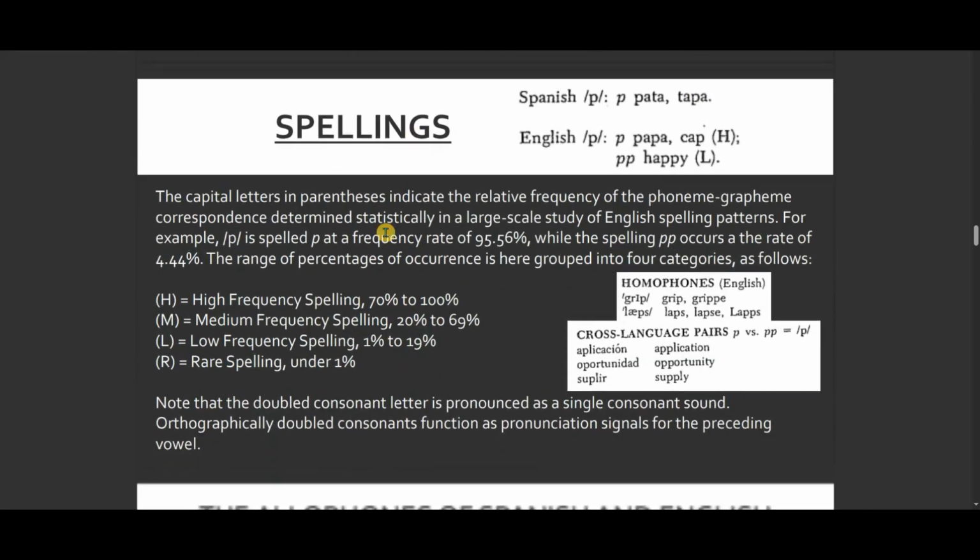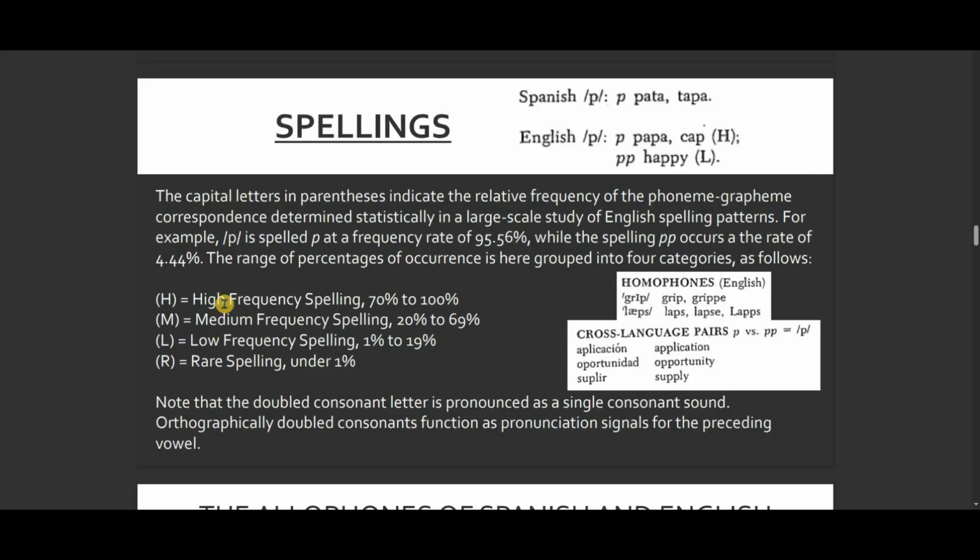Alrighty, so then we have spellings. So we have a Spanish P like pata, tapa, and English P like papa, cup, and double P like happy. If you notice this capital H and capital L, it refers to the frequency of the phoneme-grapheme correspondence, and this is determined statistically in large scale by studies of English spelling patterns.